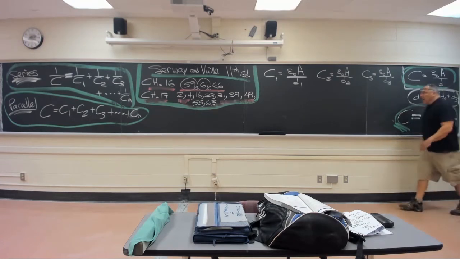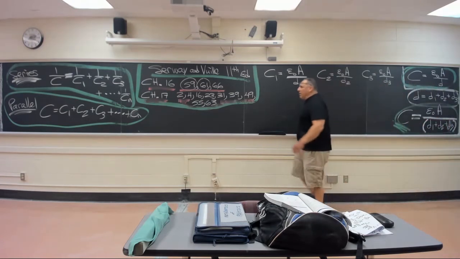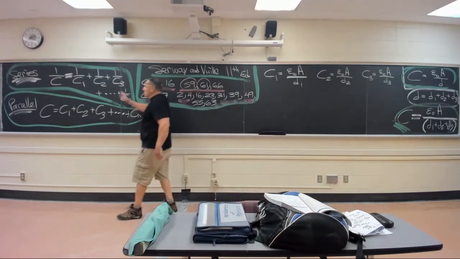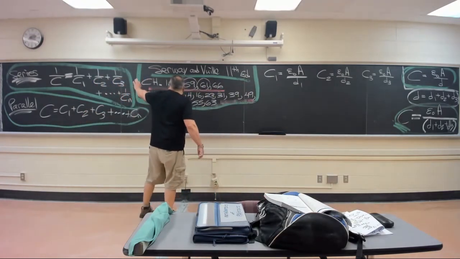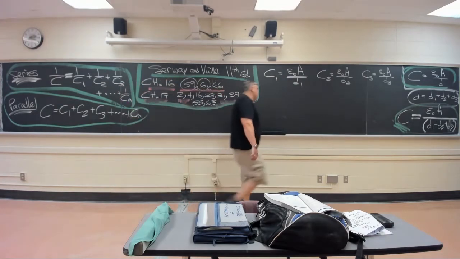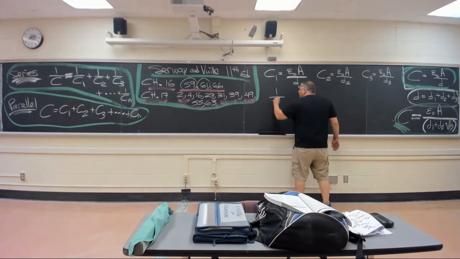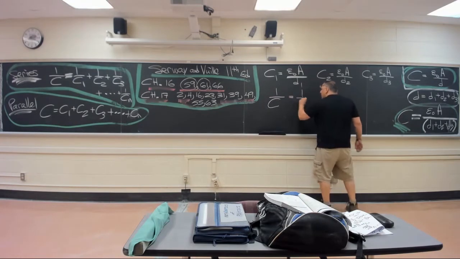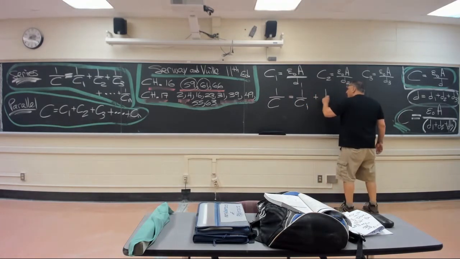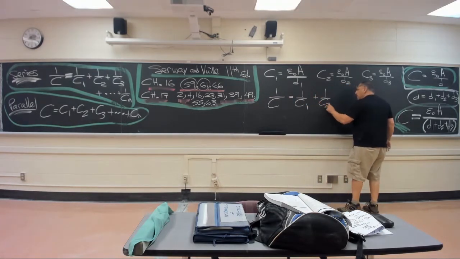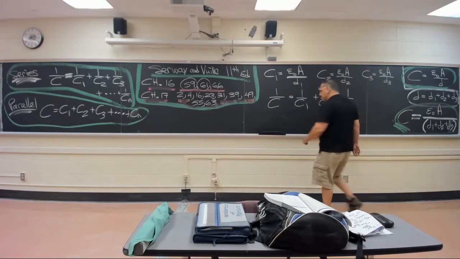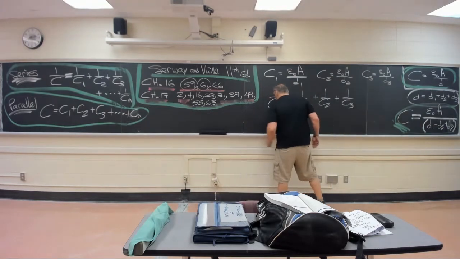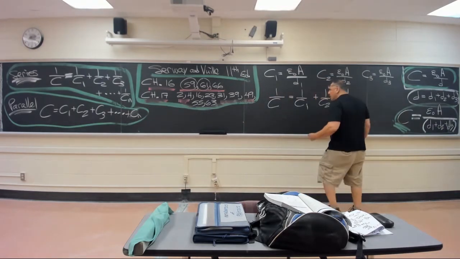Okay. Well, based on what we know about series, we're not using parallel, we're using the series equation, not the parallel equation. We know that 1 over C is going to equal 1 over C1 plus 1 over C2 plus 1 over C3. Which is what?